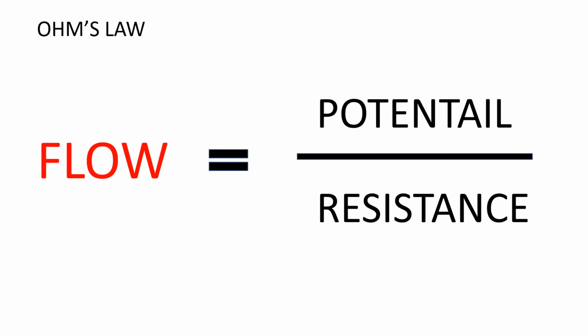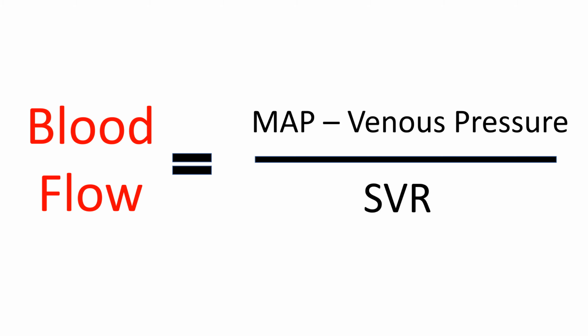Within the macrocirculation as a whole, systemic blood flow is equal to the pressure difference divided by the resistance. The pressure difference being the mean arterial pressure minus the mean venous pressure, divided by the resistance, which is the systemic vascular resistance.